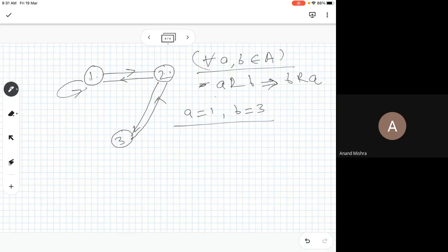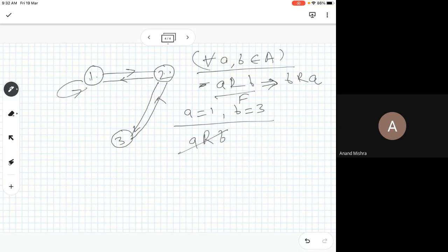Then ARB itself is false. And if this itself is false, false implies true is true. So that means this example is a correct example for symmetric relationship.